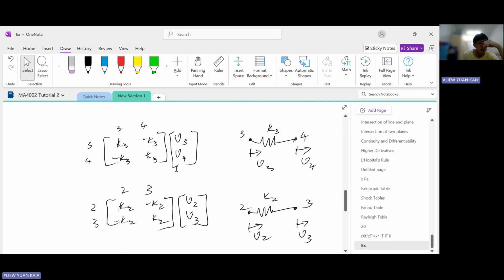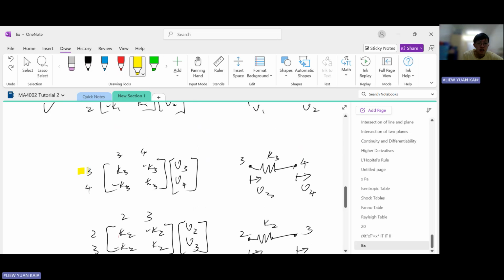Next, we want to move to the next one. Okay, so spring number 2. So you do the same thing. Okay, so K3, you put it into row 3 column 3. And then in the next one, in row 3 column 4, you put minus K3.